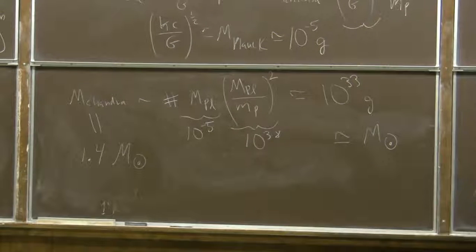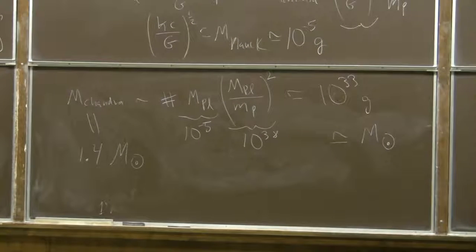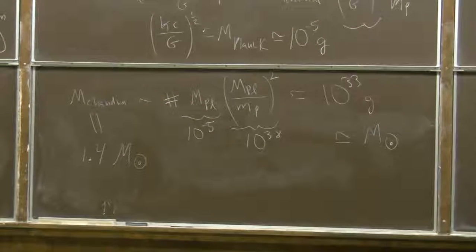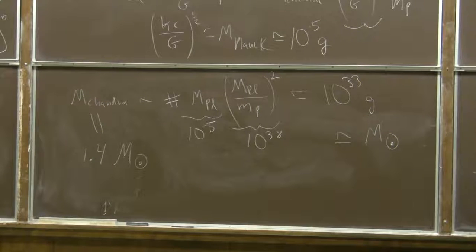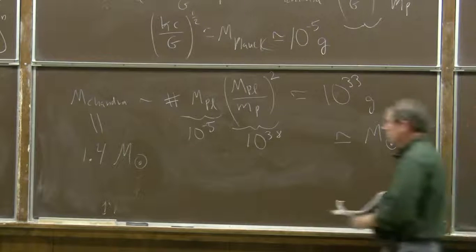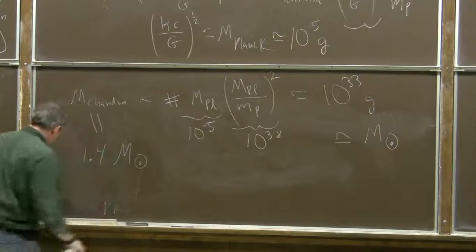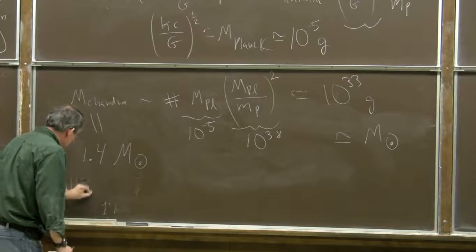So what happens then? What if the star is heavier than the Chandrasekhar mass, tries to be a white dwarf, but it can't be supported, it collapses, and then what? It collapses to what?